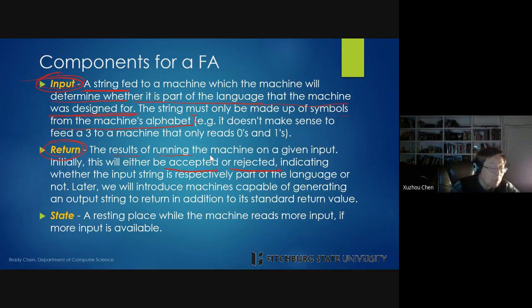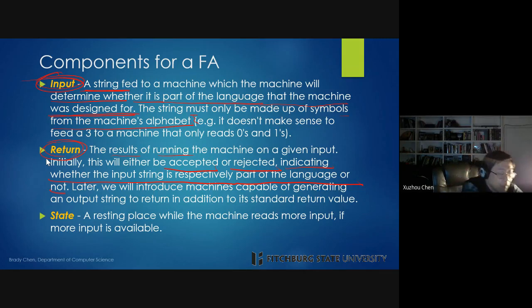This indicates whether the input string is part of the language or not. If the input string is part of the language we defined for the machine, then we accept it. If it is not part of the language defined for this machine, then we reject it. Okay.